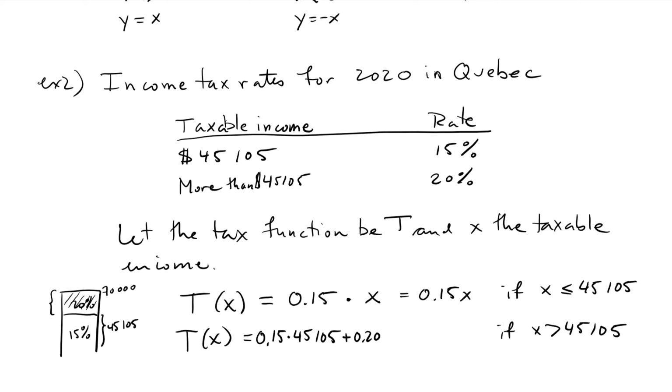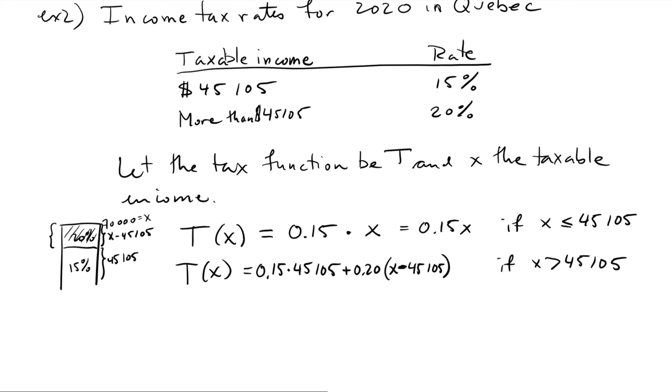For the remaining portion, we take our taxable income X, which is what that $70,000 stands for, and subtract 45,105. So this is X minus 45,105. For that portion of the taxable income, we get taxed at a rate of 20%. So that gives us our rule.